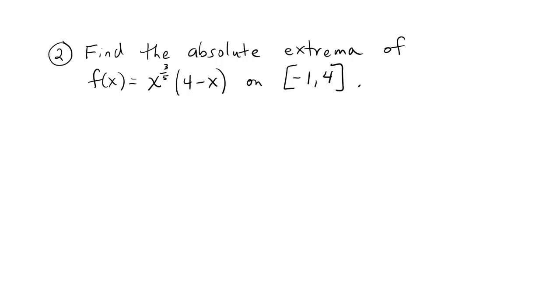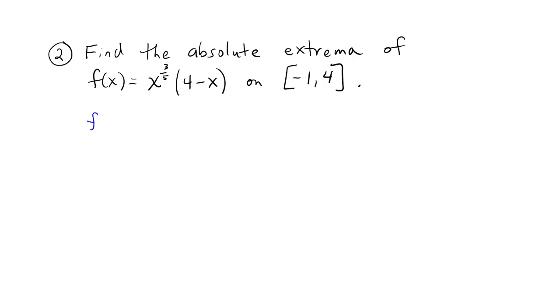Okay, so again, if we're going to do this, remember the basic idea. The absolute extrema are going to occur at one of two places, either at critical points inside the region or at the endpoints. So we're going to have to find those and check them.